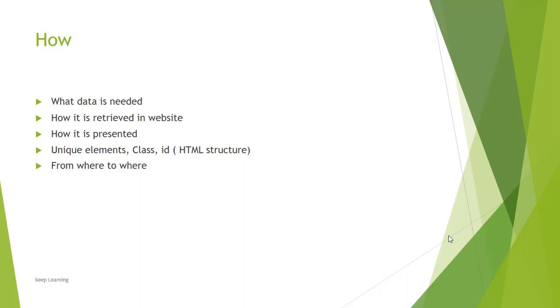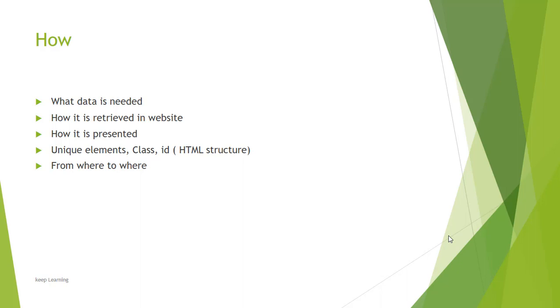And then you need to know from where to where you want to get the data. Let's say you search for a product on Amazon, some fitness product. It could list you multiple pages of results. So you should be able to know from which page to which page you will go across and get the data which is required for you.